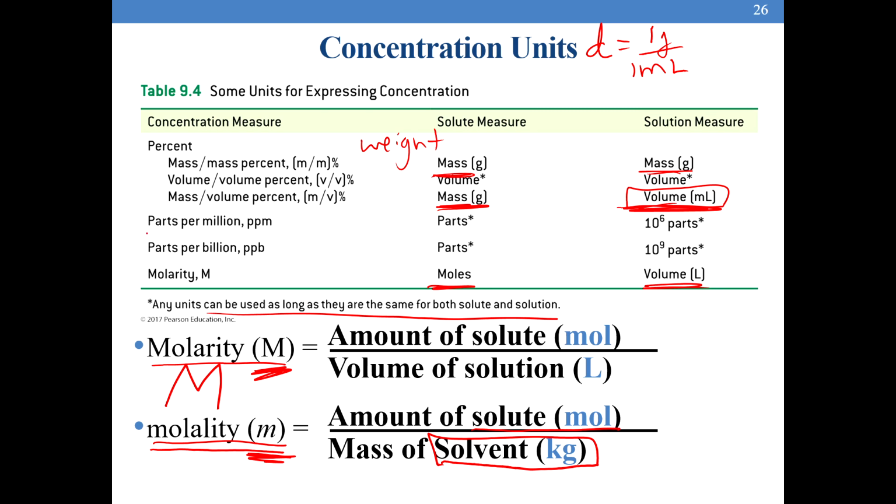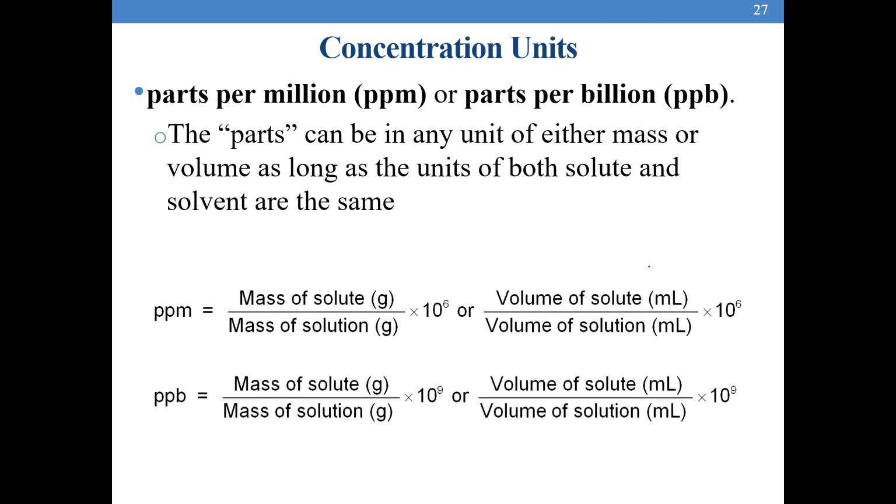We're going to zoom in on the next slide on parts per million and parts per billion, okay? 10 to the 6th is a million, and 10 to the 9th is a billion. So what does that actually mean? If you have a really, really small amount of solute present in a larger volume, then it's more convenient to use the unit ppm or ppb.